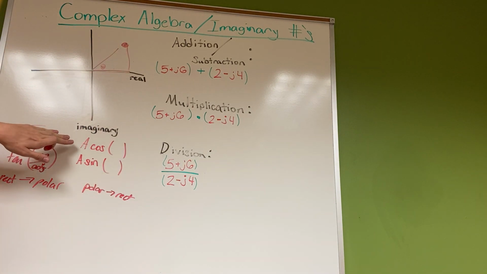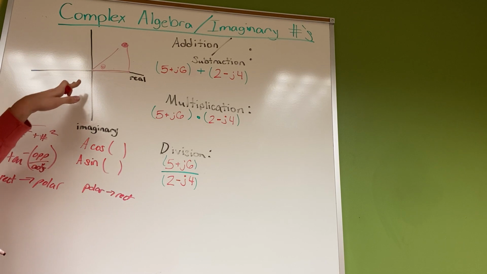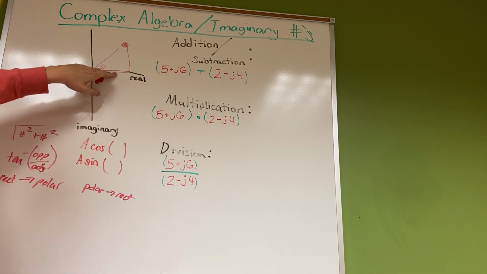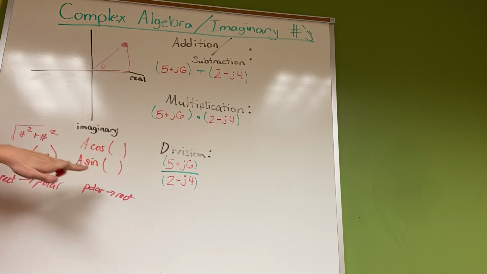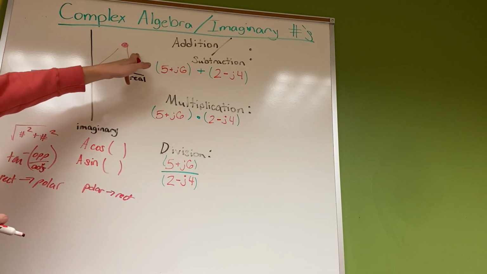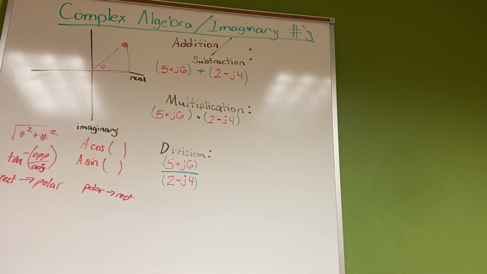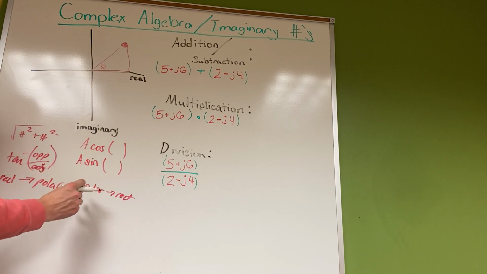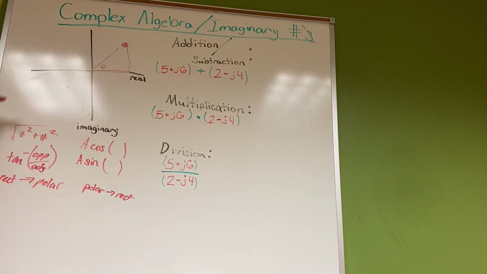In this case, cosine should always help you find the real numbers, and sine should always help you find the opposite, or the imaginary.